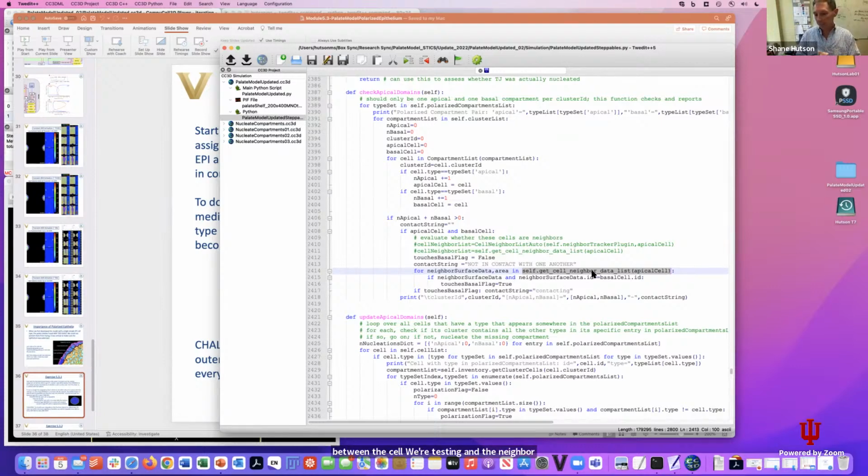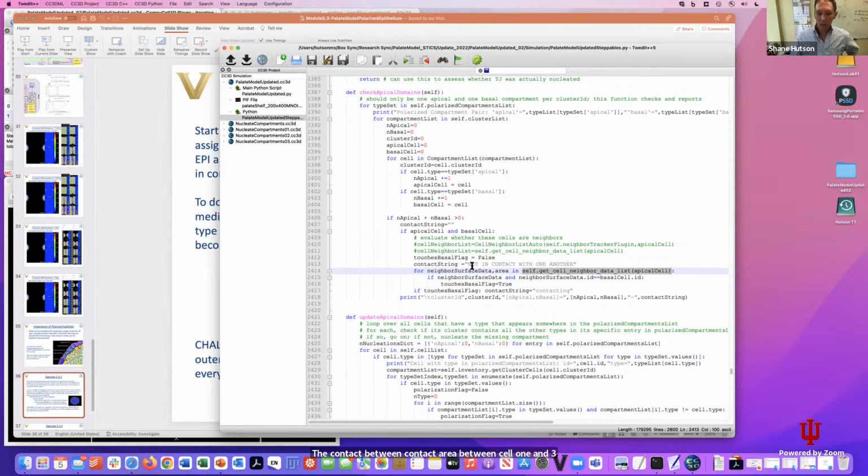All right, so for example, cell 1 is in contact with cells 2, 3, 4, 5. Then neighbor surface data would have cell 2 and the contact between cell 1 and cell 2. Cell 3, the contact area between cell 1 and 3. Cell 4, contact area between cell 1 and 4, etc.